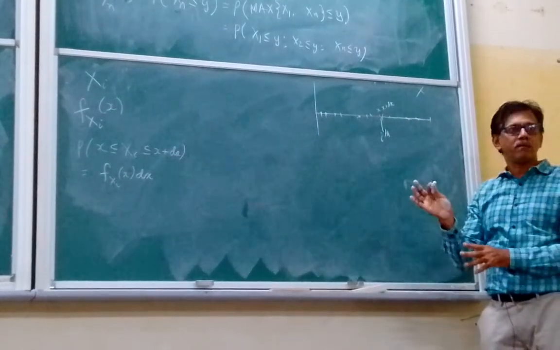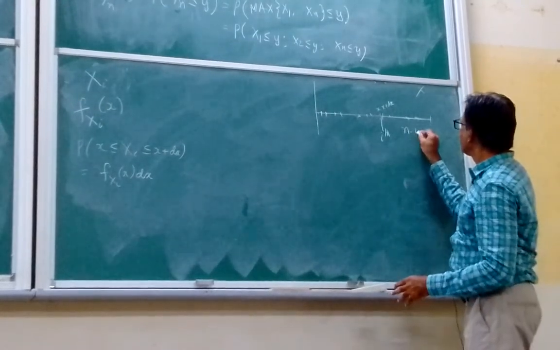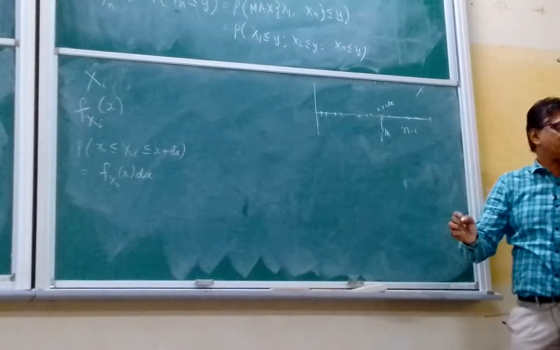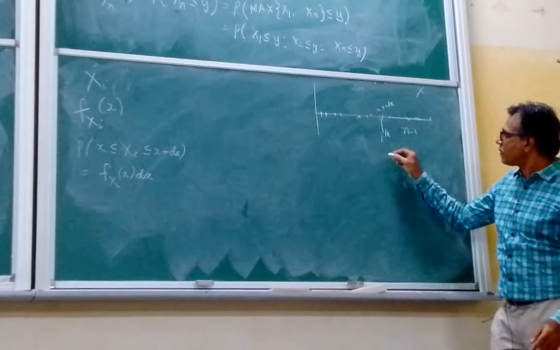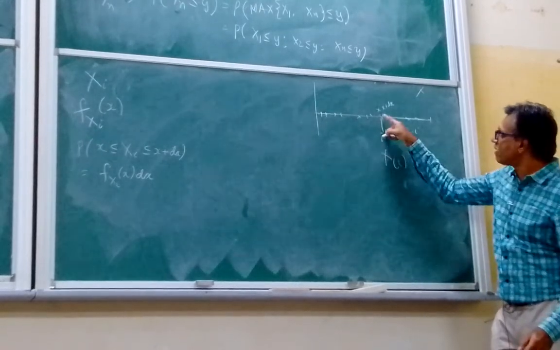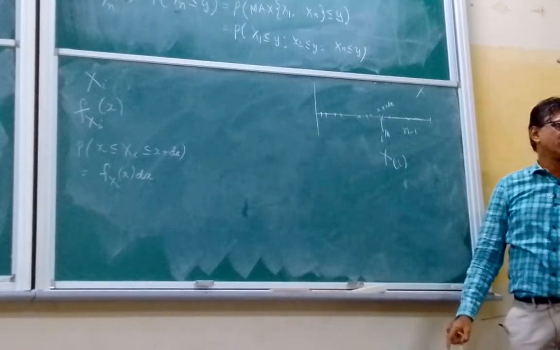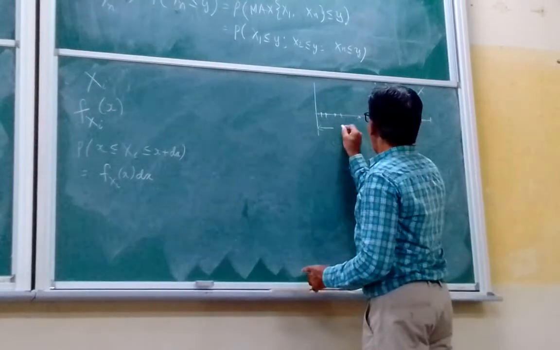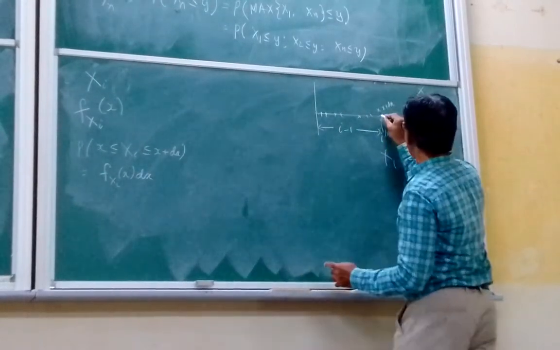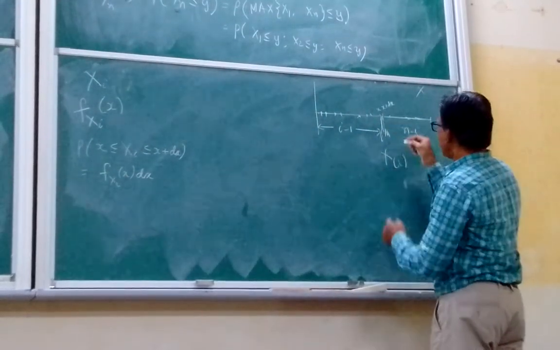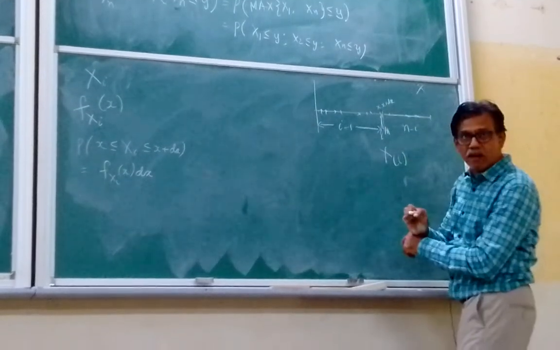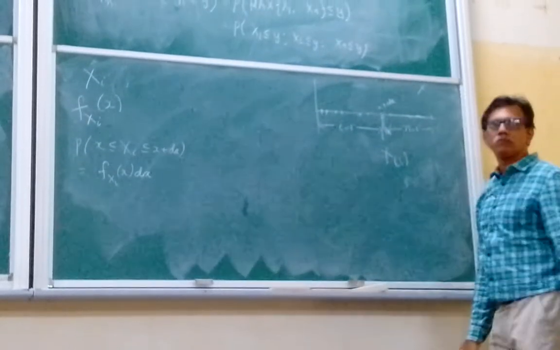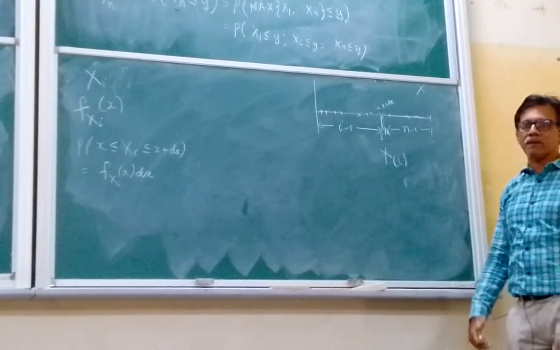And then the remaining n minus i have to be greater than this one. If this happens, then Xi will have a value in this place. I have to find the probability of that. So i minus 1 should lie in this interval, the ith one should lie in this interval, and n minus i should lie in this interval. This is what should happen.